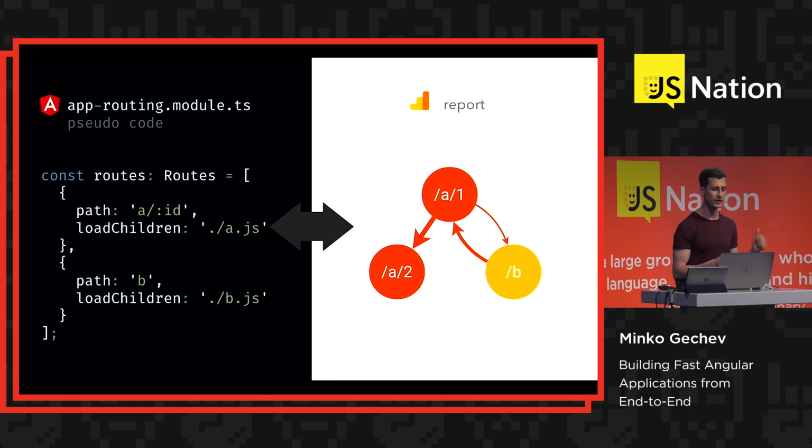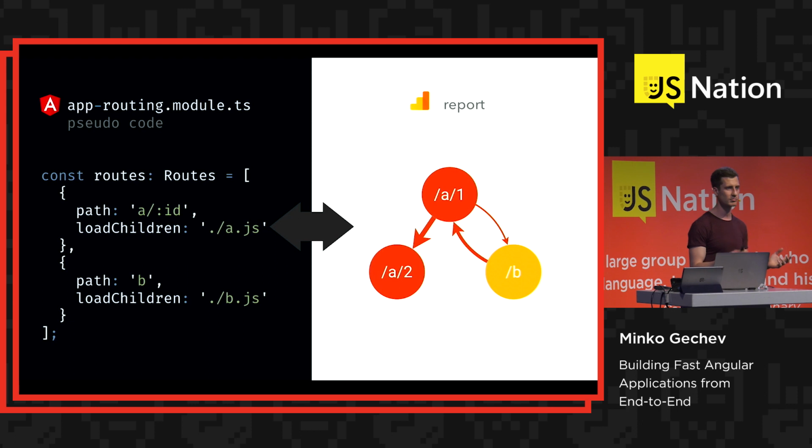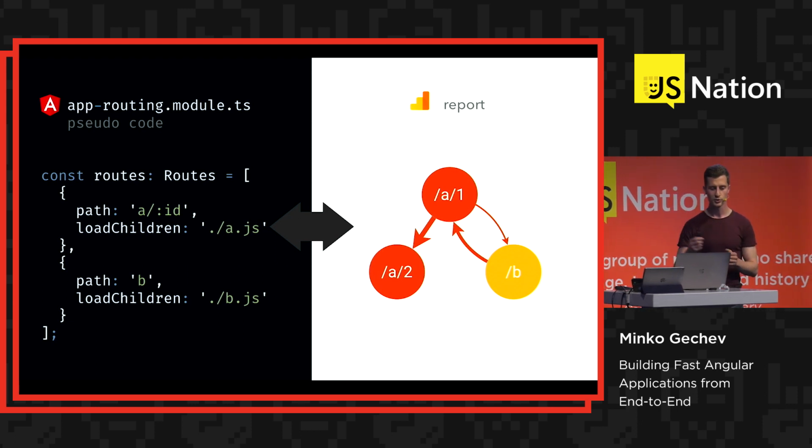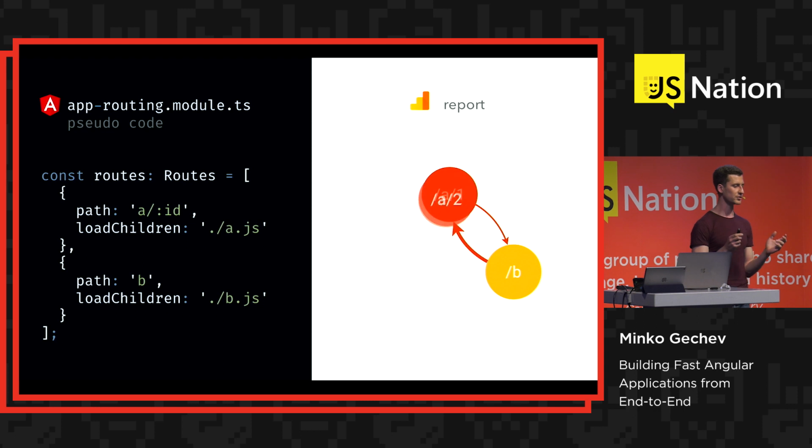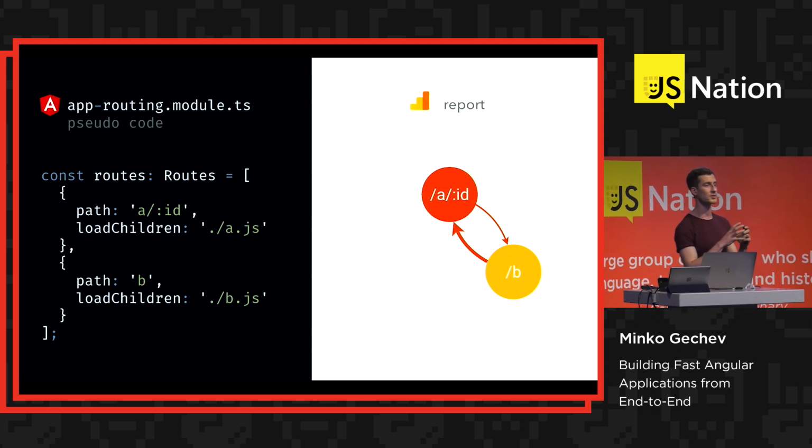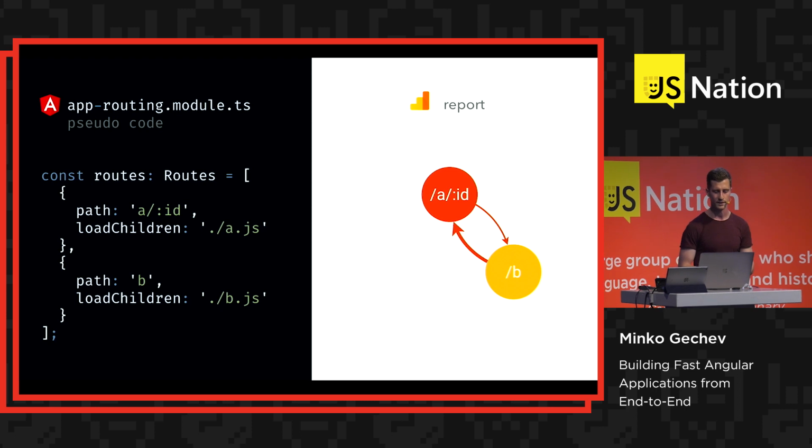And we also have the routing declaration a/:id. So probably these map to each other, and we can associate the a chunk to the specific set of nodes from the Google Analytics report. So what we can do is just merge these together and think of them as a single node in our graph that we're going to use for prefetching.